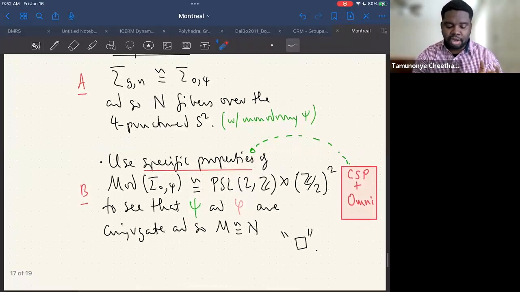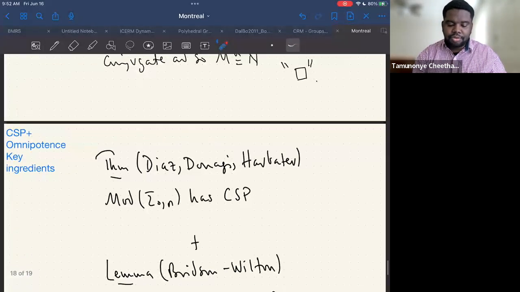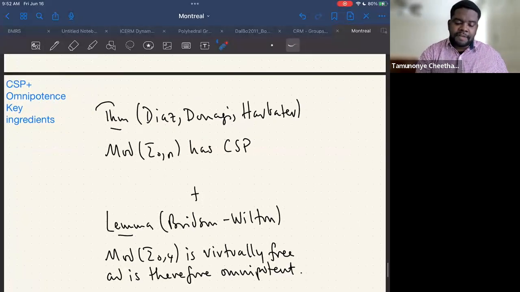So that's the rough sketch. The fact that the mapping class groups of n-punctured spheres have CSP is a theorem of Diaz, Donagi and Harbater. It was also proved, I think, by Ellenberg, McReynolds, the Thurston's proof, I think.